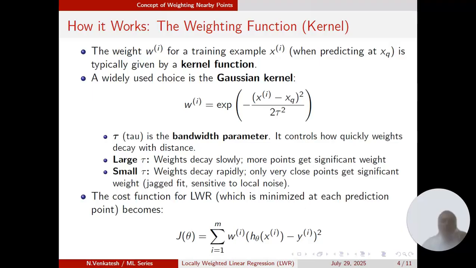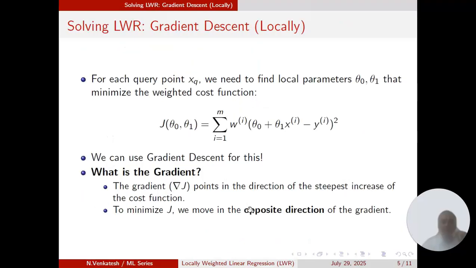And so now we have to find theta naught, theta 1, and so on, theta n, which minimizes J theta. So again we can use gradient descent.